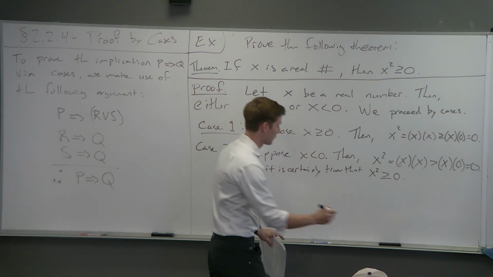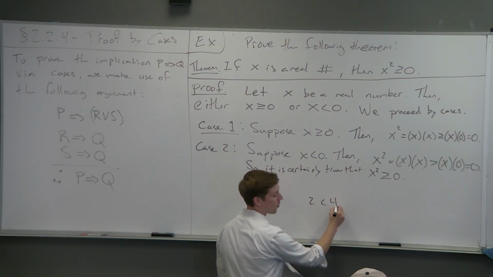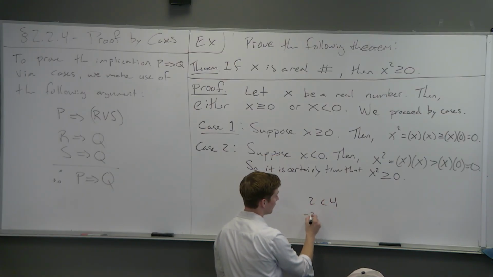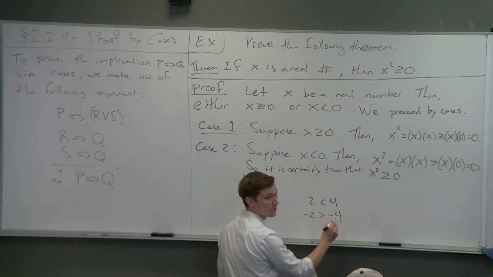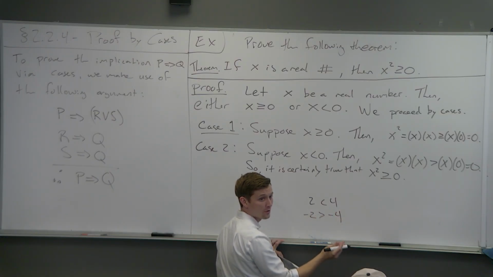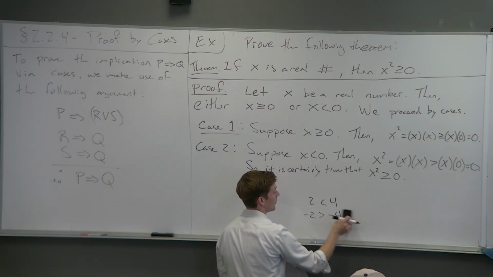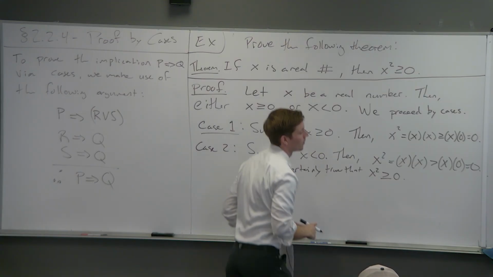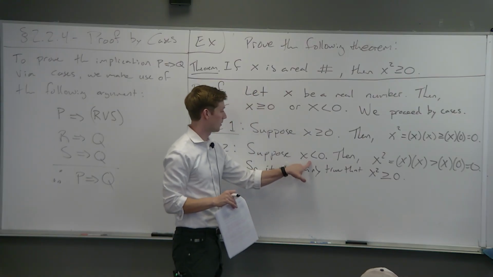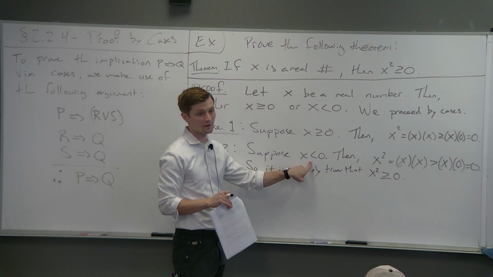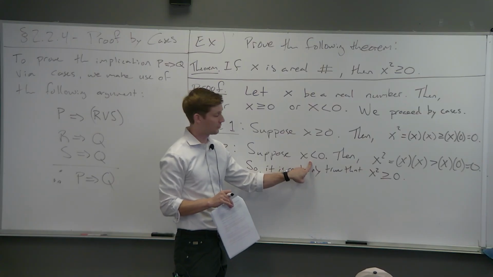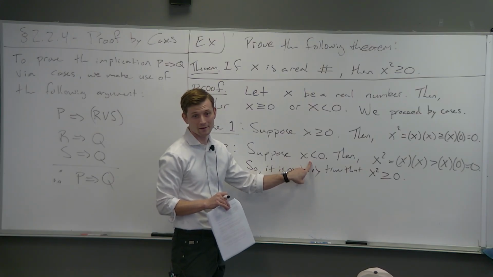Like 2 is less than 4, but minus 2 is greater than minus 4. So we're saying that in case 2 here, x is negative based off the implication that x is less than 0. That's why it flips, starting from right here.